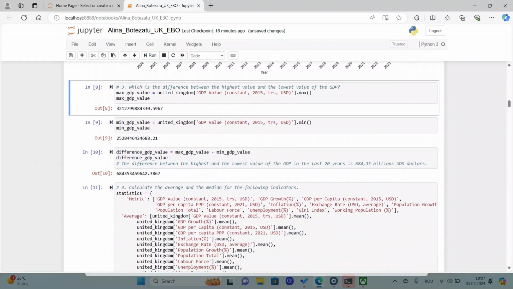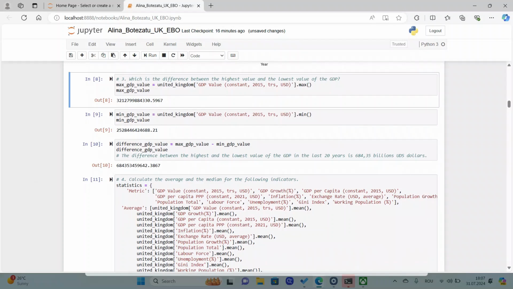Then I calculate the difference between the highest and the lowest value of the GDP. The highest is 3 trillion point 2, and here is the median one, 2 trillion point 5. Here would be a point, but here is the full number in trillions.